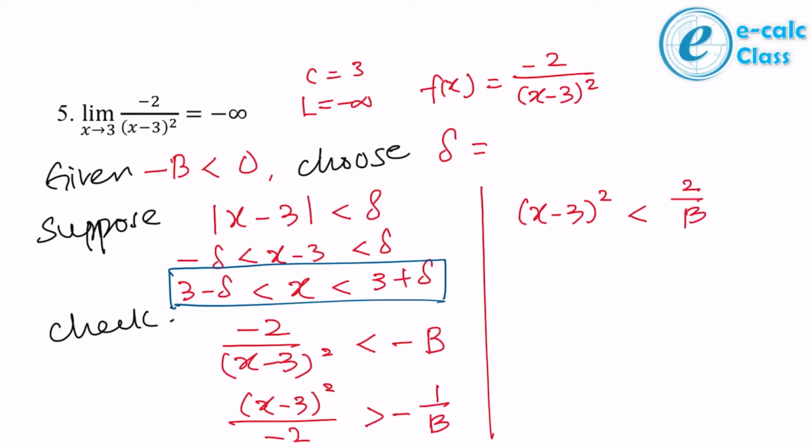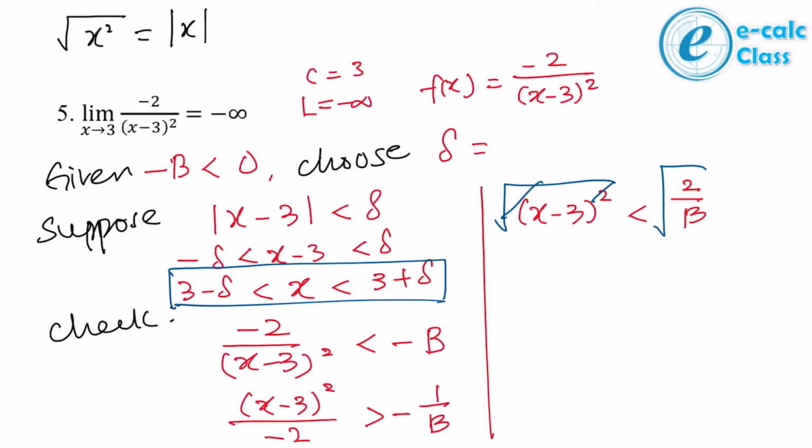And now, take square root on both sides. And this is where you have to be very careful. Because why? The square root of a square is always positive. If you square root a perfect square, it will be the absolute value of x.